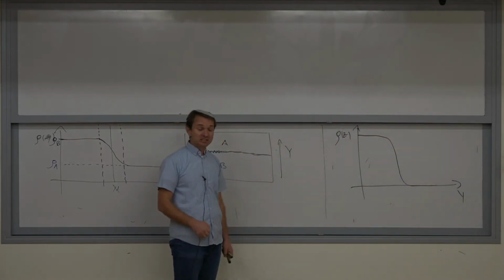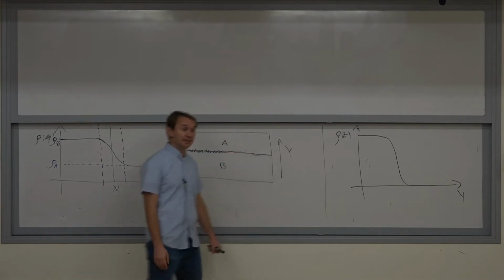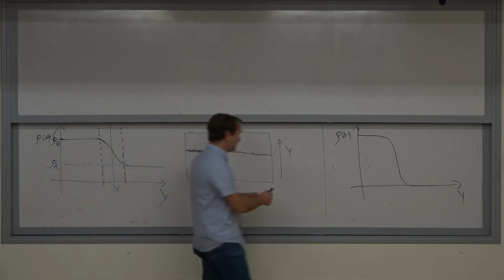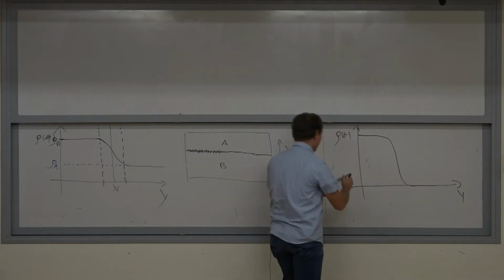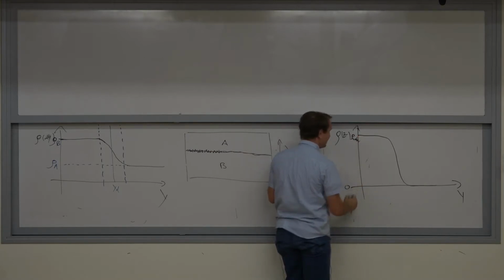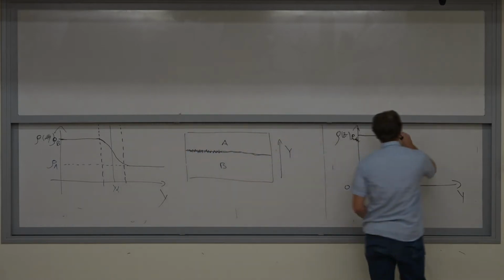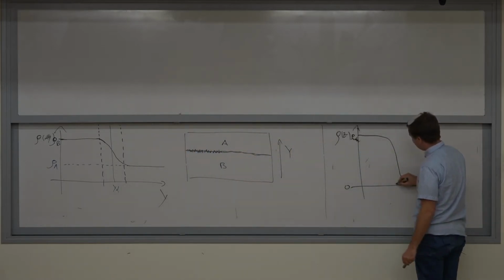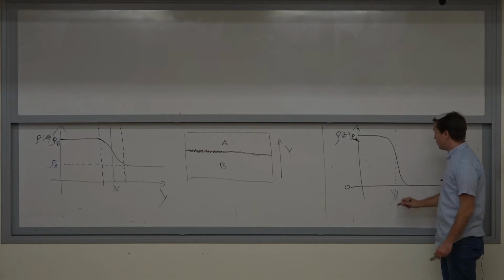But how much inside, I don't really know. I have to go a little bit into the oil phase. So here I will have rho water, and here I will have zero. And somewhere in the middle, I want to draw my separation YD.